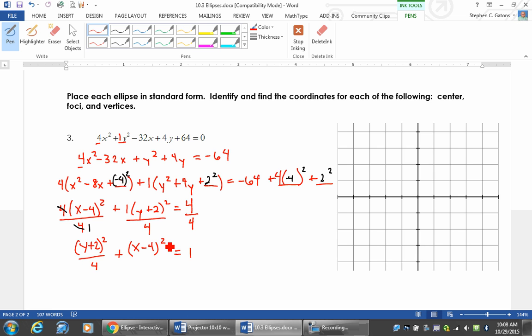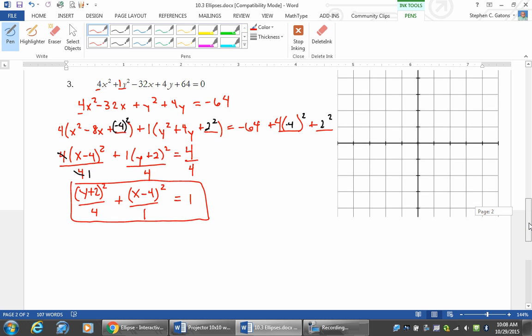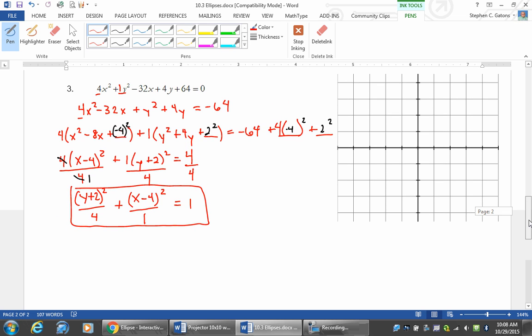It is not wrong and will not ever be marked wrong. I like to put it over a fraction so that I can visually see where my denominators are. You don't have to do that. If you want to just know, that's okay too. All right, so we got standard form.